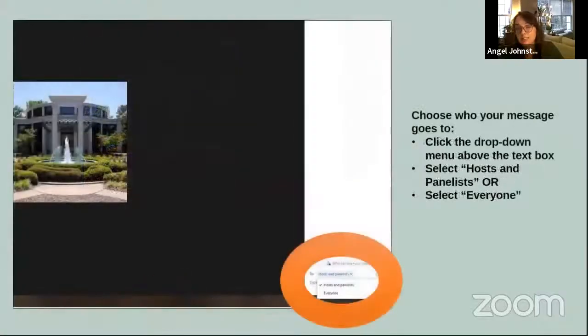It'll pop up either on the side of your screen or as a separate window, and you can type whatever you'd like there. There is a drop-down menu above the text box where you can choose who sees your comments. It'll be hosts and panelists, that's us, the museum, or everyone, which is, of course, everyone, including the other attendees watching with you.